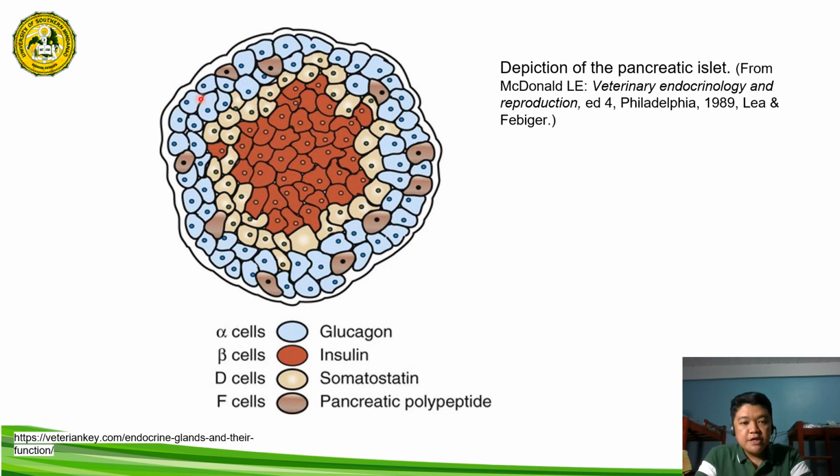The bluish ones here that surround the beta cells represent the alpha cells that are responsible for glucagon production. We also have here the delta cells, which are responsible for the production of somatostatin, and this one here represents the F cells for pancreatic polypeptide production.